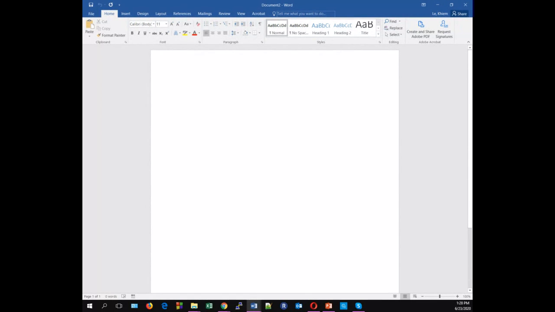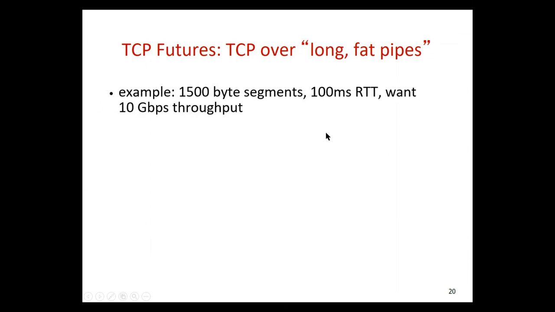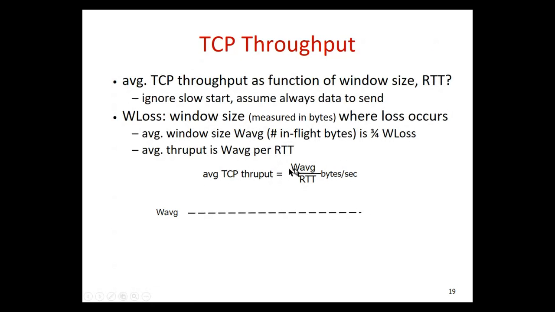So here, let's look at the slide again. What we have is the round trip time, and this is the throughput. Remember this equation. We have three items in the equation: the window, the throughput, and the round trip time.